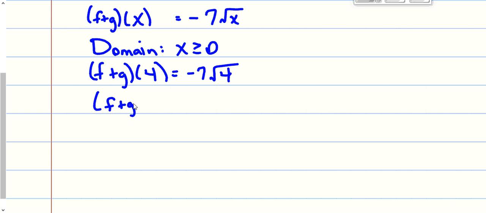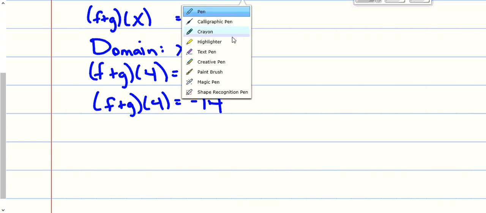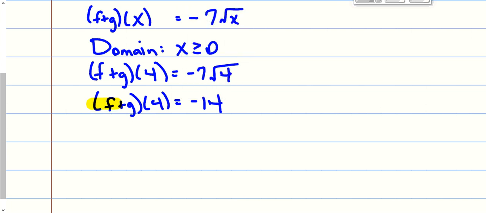F plus g of 4 is going to be, and you can just plug this right side into your calculator, negative 7 times the square root of 4, and that's going to be negative 14. Go back and make sure you highlight your answers. So there's one answer there. There's an answer there. And the third answer. So we have the function, we have the domain, and we have where we evaluated the function.